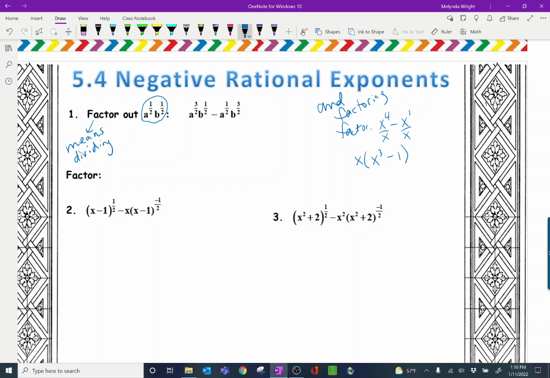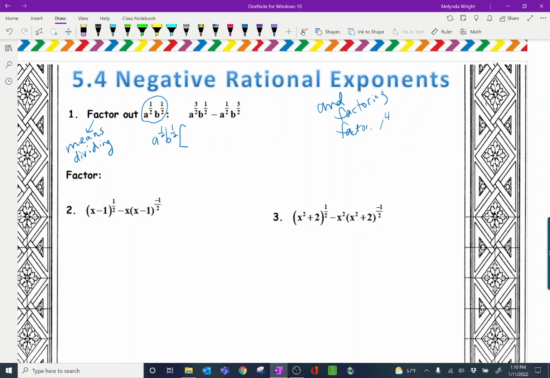We're basically dividing those terms out of the original terms. Okay, so let's do that. So we've got a to the 1/2, b to the 1/2. Open up our bracket or parenthesis. So let's see, we've got a to the 3/2.